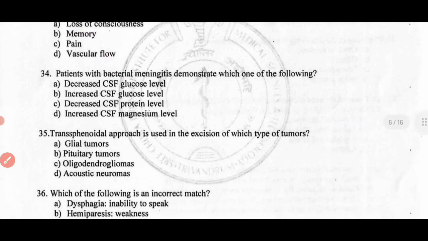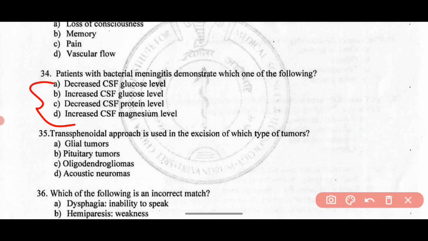Question number 34. Patients with bacterial meningitis demonstrate which of the following? Bacterial meningitis is infection and inflammation of the meningeal layers like dura mater, arachnoid mater, pia mater. There are different types of meningitis: TB meningitis, fungal meningitis, viral meningitis, bacterial meningitis. In bacterial meningitis, what changes will you see in the CSF, because in all the options they have included CSF.